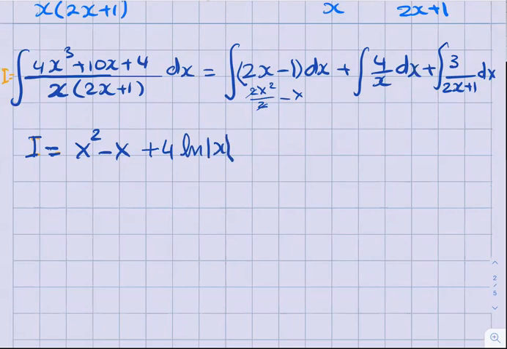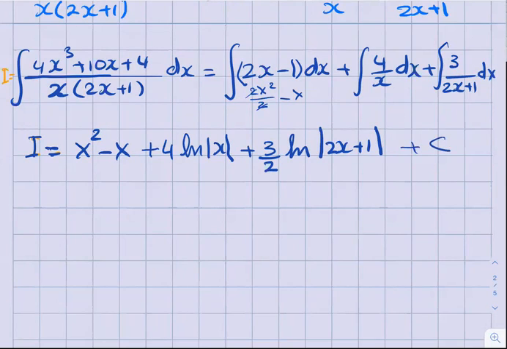And then the next one, who wants to help with? 3 over 2 ln 2x plus 1. Why is it over 2? We divide by 2. Yes, so we divide by the 2 here. So plus 3 over 2 ln of 2x plus 1, and plus C. Well done, thank you.